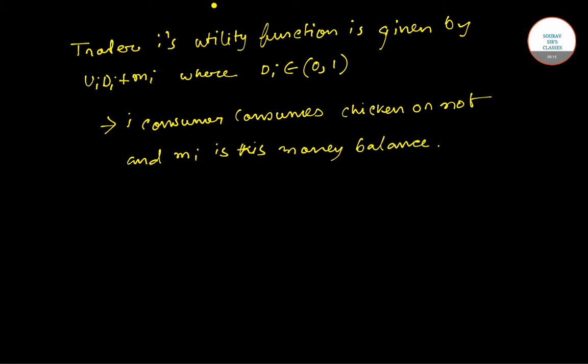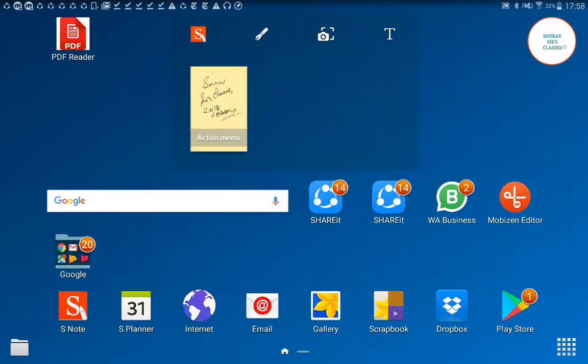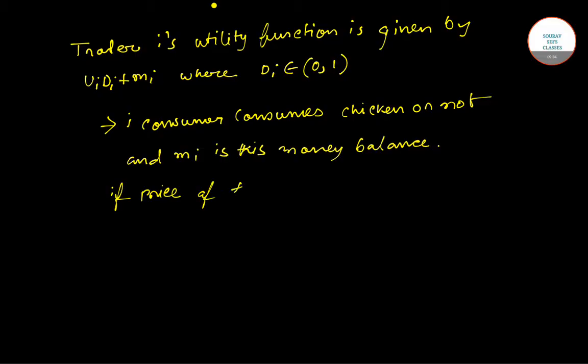If the price of a chicken is given by P, then individual i will choose to buy 1 unit of chicken if his utility from consuming chicken exceeds his utility from not consuming it.